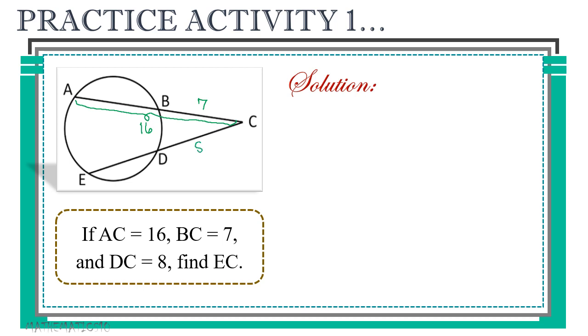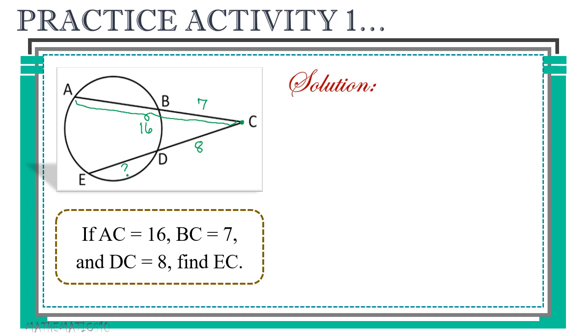And now we don't know this one, so you may use the theorem 116 again, since as you can see we do have two secants that intersect at the exterior point, which is point C. Now, since I guess you can now analyze the given scenario, let us make our equation or formula based on the given illustration. So applying theorem 116, let us have the product of the secant and its external part.